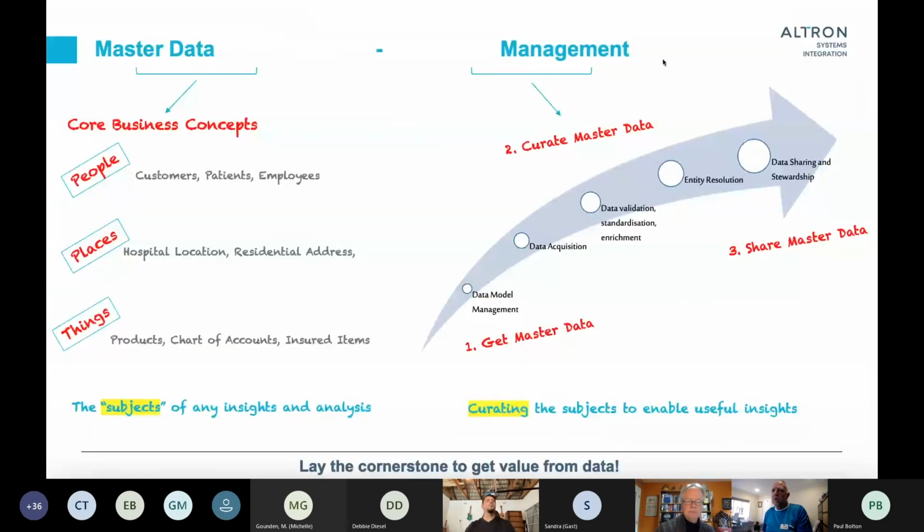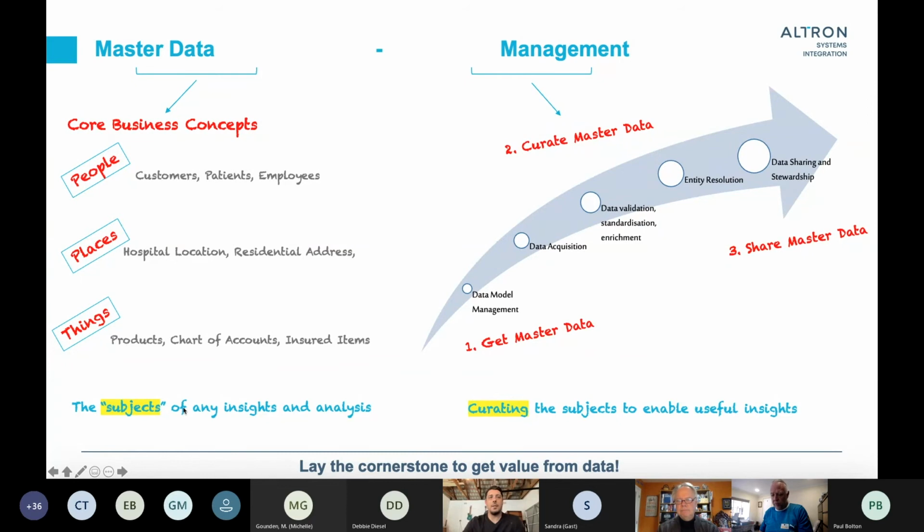So before we get there, just again, by way of reminder, we're talking about master data management. So what is it? What is master data? Well, it's typically one of these three things: people, places or things.